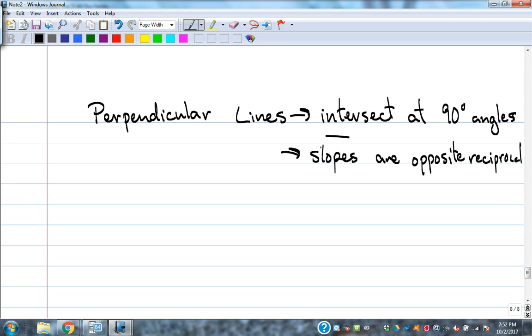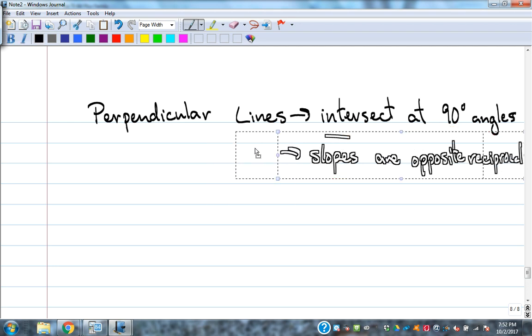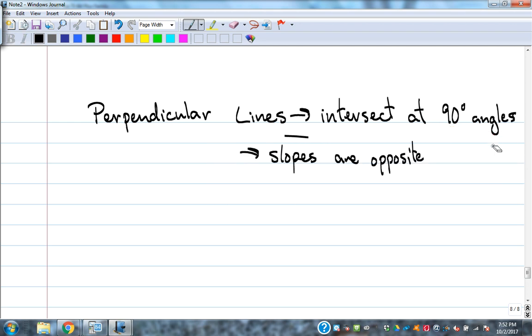Let me slide that out a little bit so we'll rewrite it. Opposite reciprocal. What that means is you flip and change the sign.